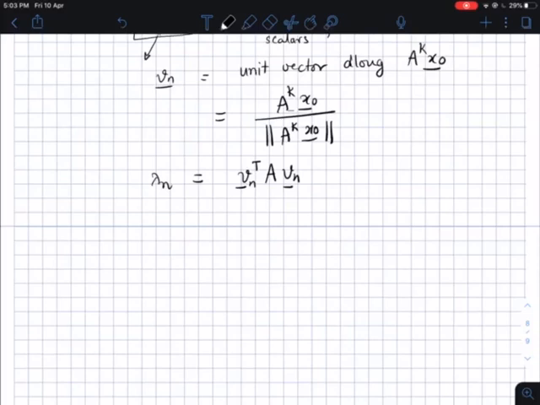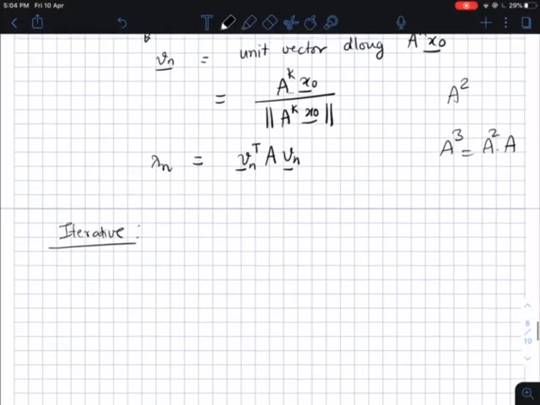But you don't actually have to take the matrix power. You can approach this in an iterative fashion. For example, let us say you have computed a square already, then you don't have to recompute a cube from scratch, because a cube is just a square times a, so you can make use of that information. So this essentially gives you an iterative algorithm to find the largest eigenvector.